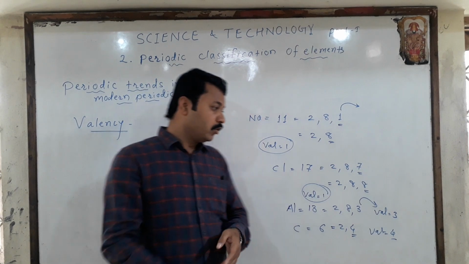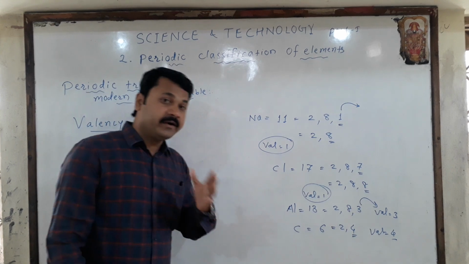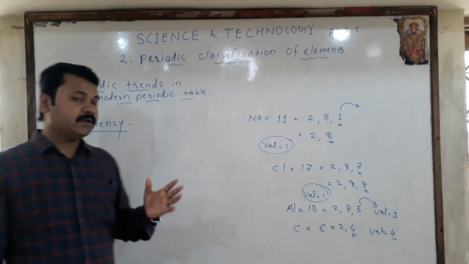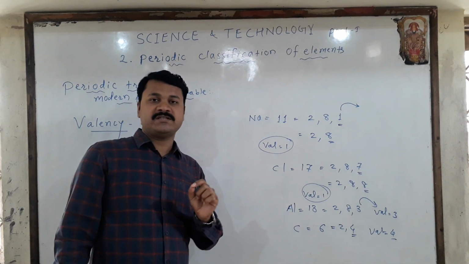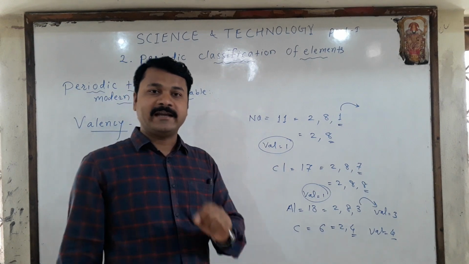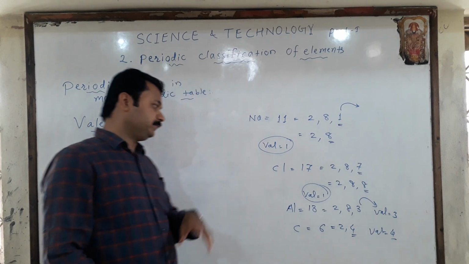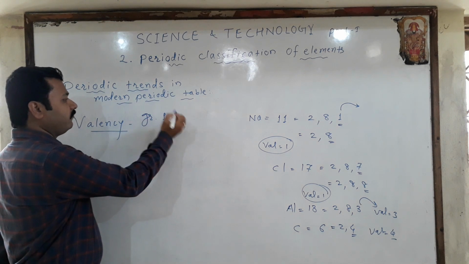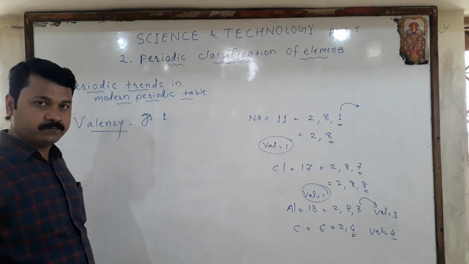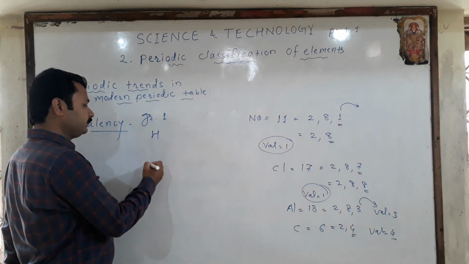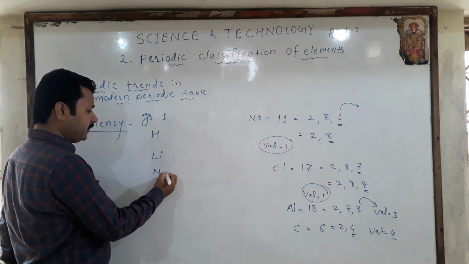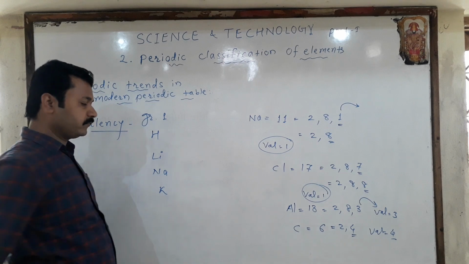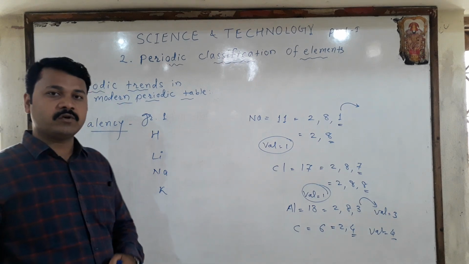Now we see the periodic trend of valency in a group. For example, if you take group number 1, the first group: hydrogen, lithium, sodium, potassium.